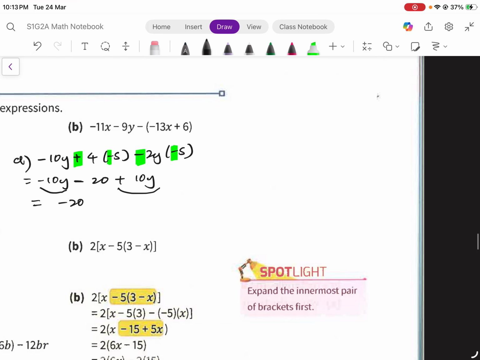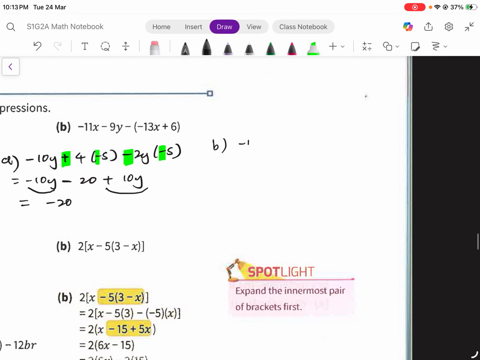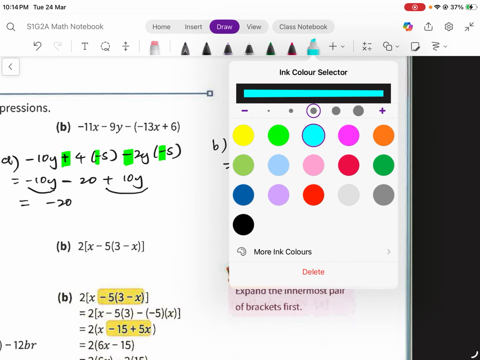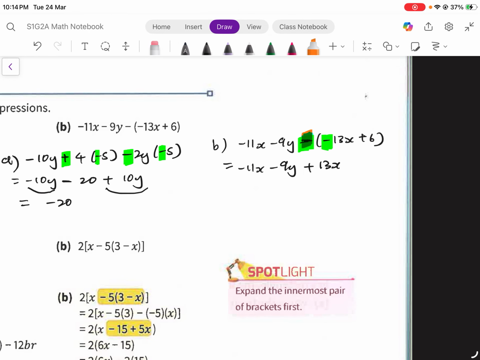Okay, then part B, minus 11x minus 9y minus 13x plus 6. Okay, minus 11x minus 9y, so we know that this one minus plus 13x, but minus, okay, let me use another color, minus plus minus 6.